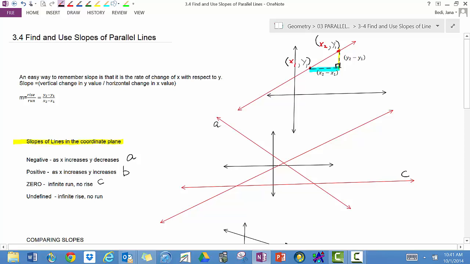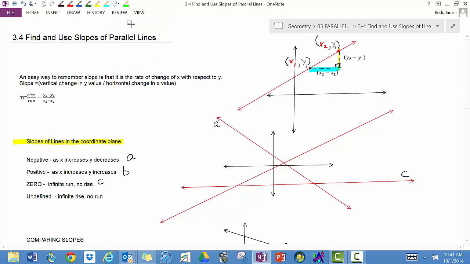Now a line that has an undefined slope. Do not confuse undefined with no slope. I know some textbooks use the word no slope. I would rather you use the word undefined.